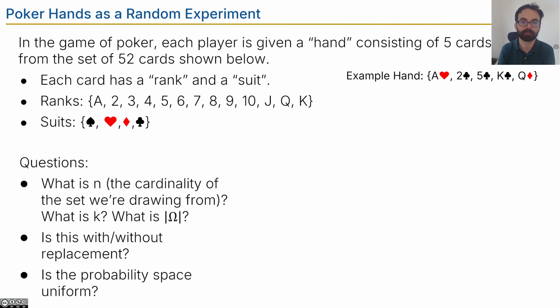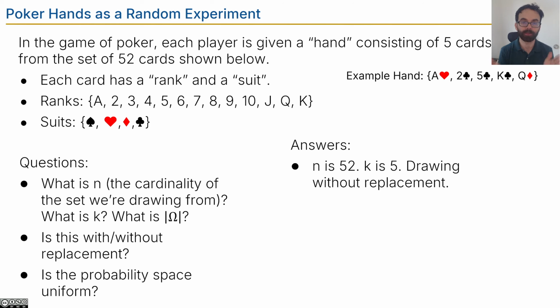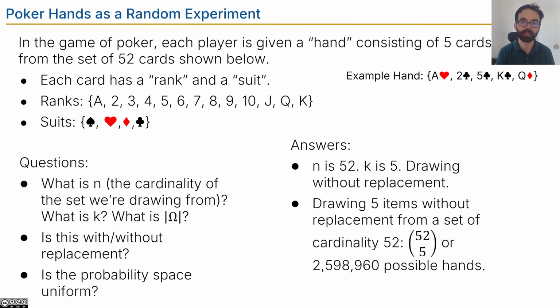So my answers are, first, the cardinality of the set we're drawing from is 52. There's 52 different cards, and K is 5, and we're drawing without replacement. So that's where it fits into our framework from before. Okay. What's the size of the sample space? Well, we'll leverage this information that there's 52 items in our set. We're drawing without replacement, 5 of them. This is just going back to our counting lectures.